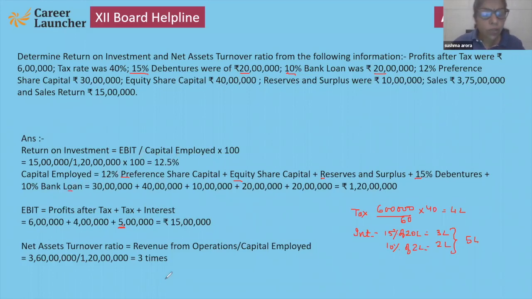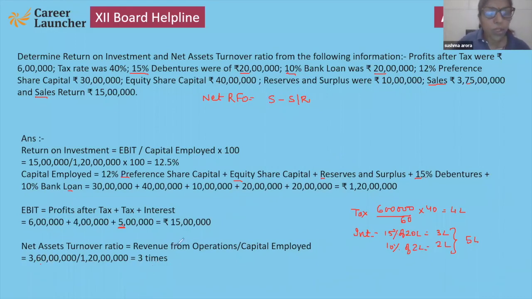And just now I told you net asset turnover ratio formula is net RFO upon capital employed. Net RFO given in this question is sales minus sales return. By this way you can come to know net RFO. That's why it is 3 crore 60 lakh.